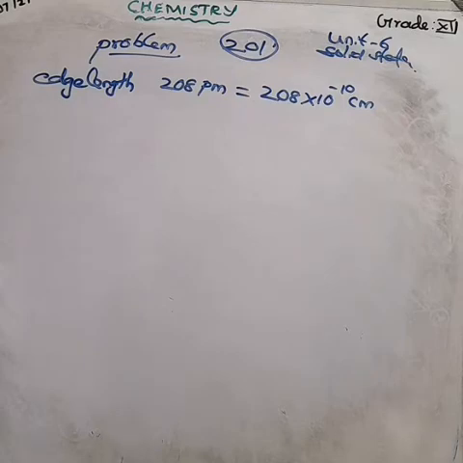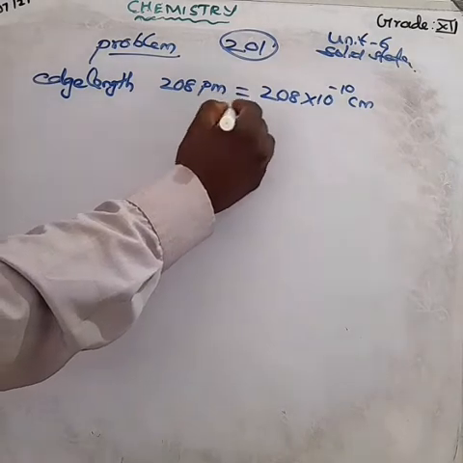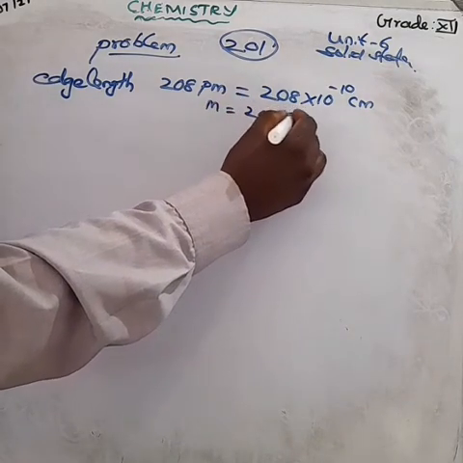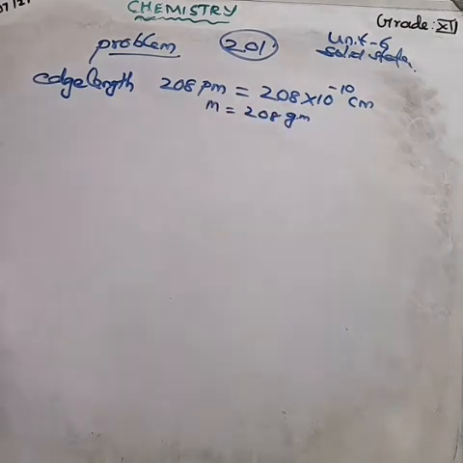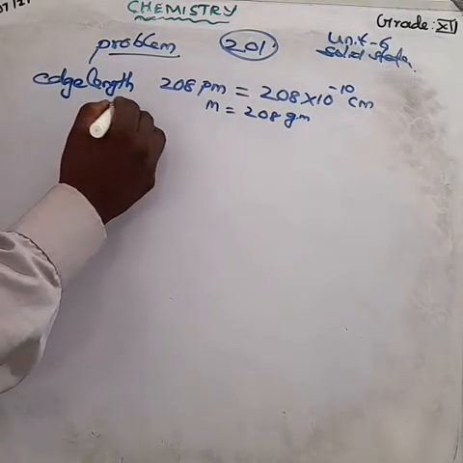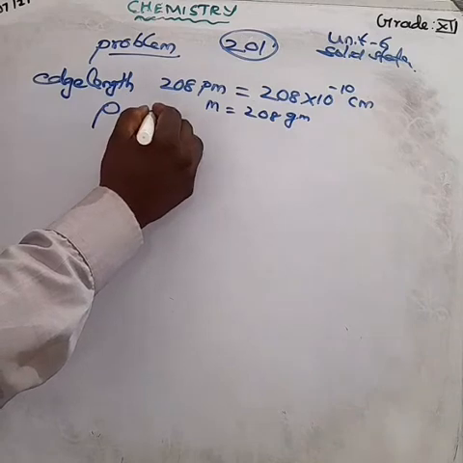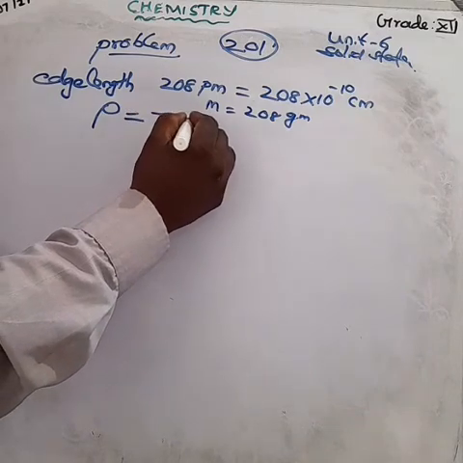Next, what is given: mass is equal to 208 gram. We have to find the density. Density is rho, that is rho is equal to 7.2 gram centimeter minus cube.